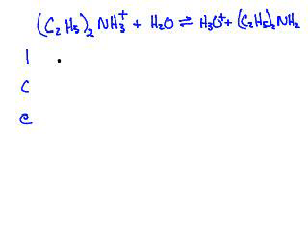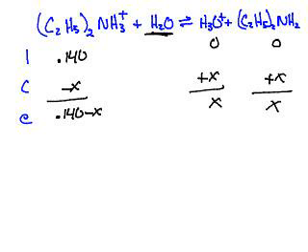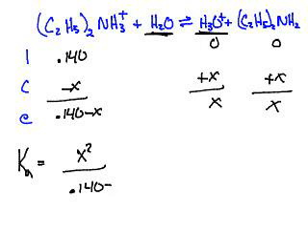We have 0.140, and then 0 and 0, ignoring the water, minus x, 0.140 minus x, plus x, x, plus x, x. I make hydronium ions, and the hydronium is an acid, so it's going to make a Ka. So the Ka would be equal to x squared over 0.140 minus x.